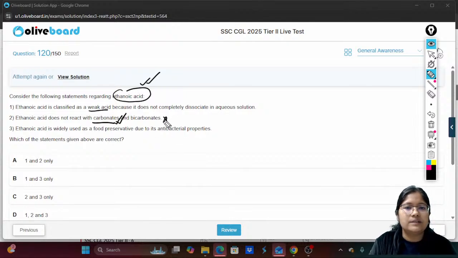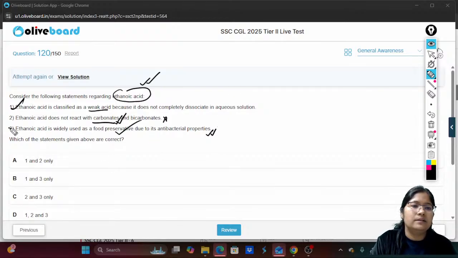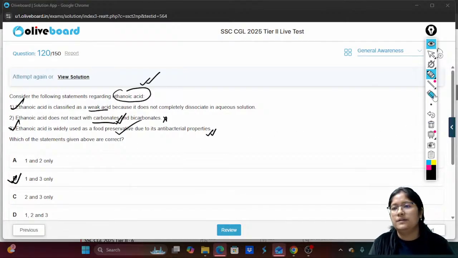So this one is not true. Ethanoic acid is widely used as a food preservative due to antibacterial properties. Again, this is also correct. So 1 and 3 are correct. Therefore, B is the correct answer here.